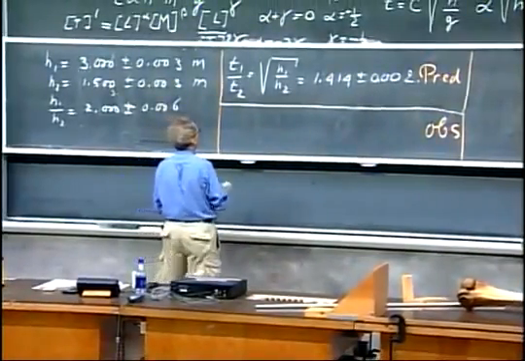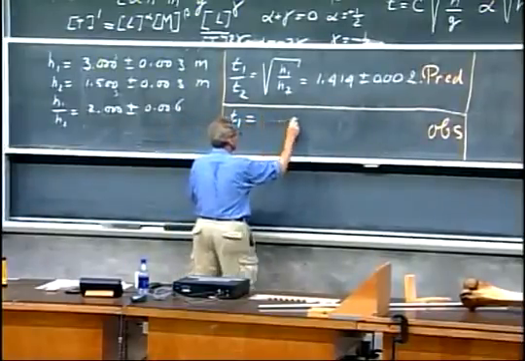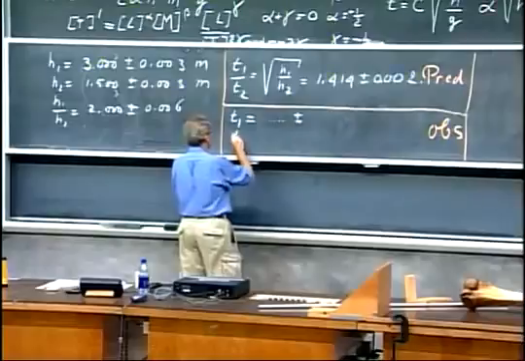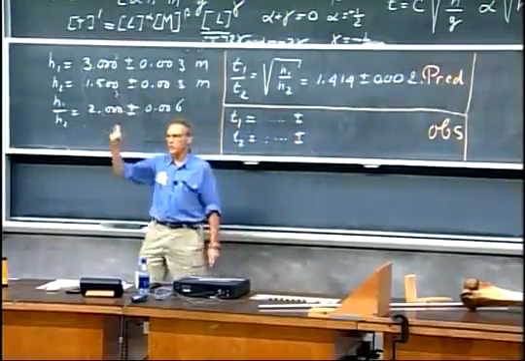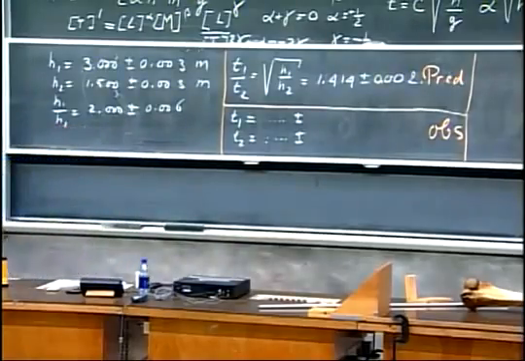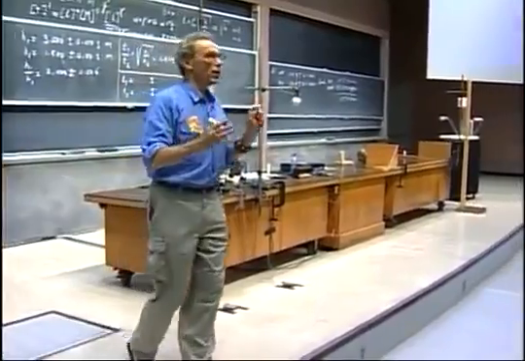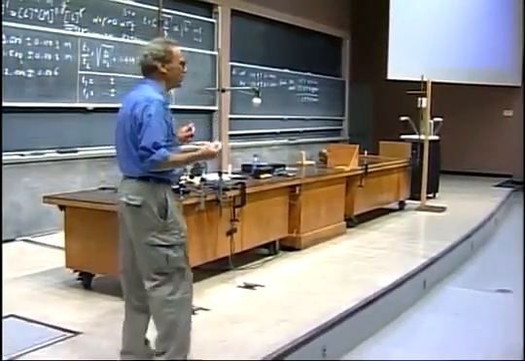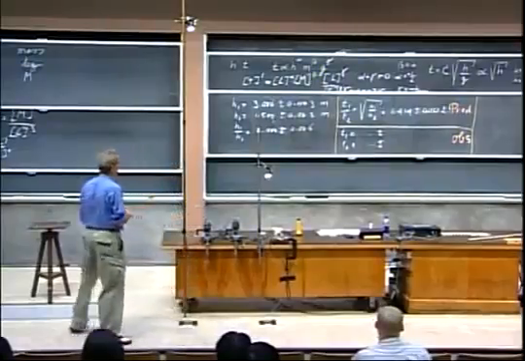So we're going to measure T1, and there's going to be a number, and then we're going to measure T2, and there's going to be a number. I have done this experiment 10 times, and the numbers always reproduce within about 1 millisecond. So I could just adopt an uncertainty of 1 millisecond. I want to be a little bit on the safe side. Occasionally, it differs by 2 milliseconds.